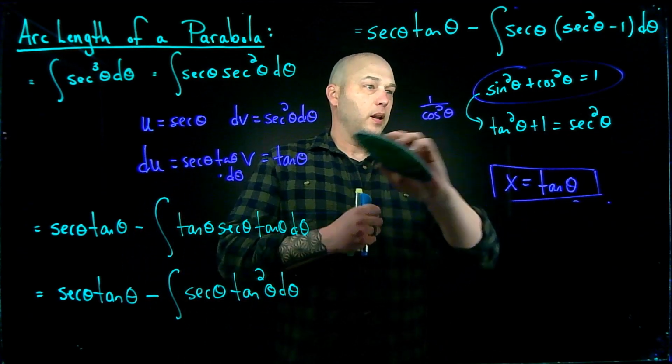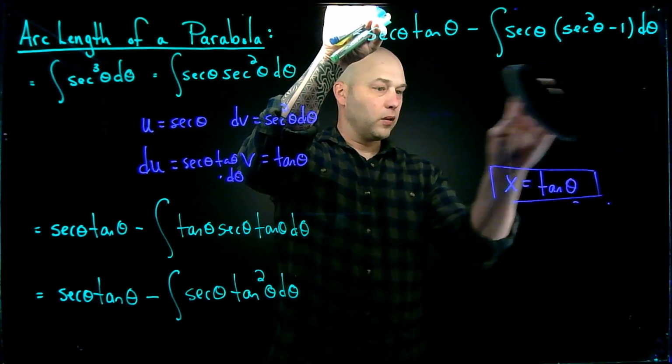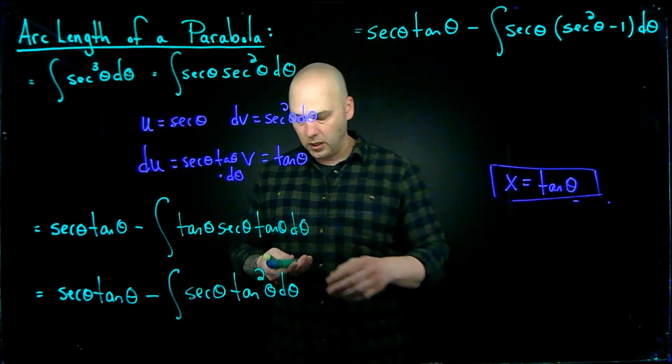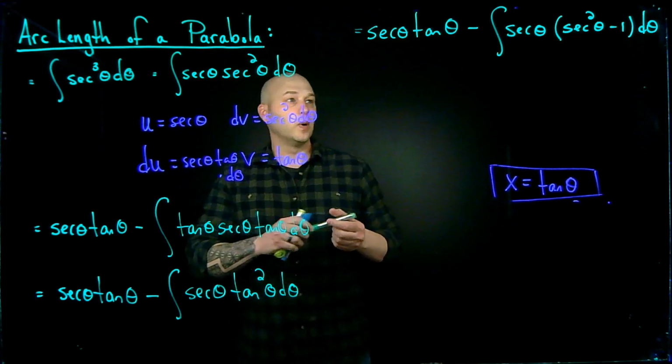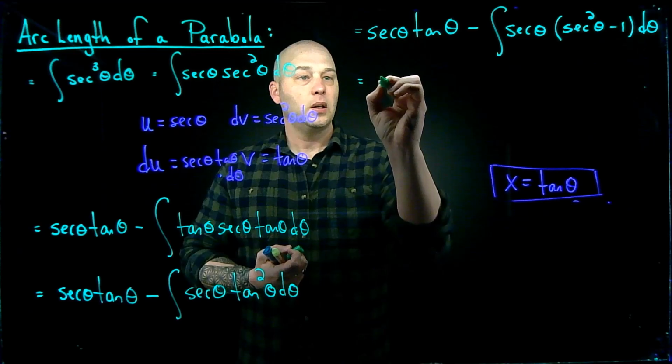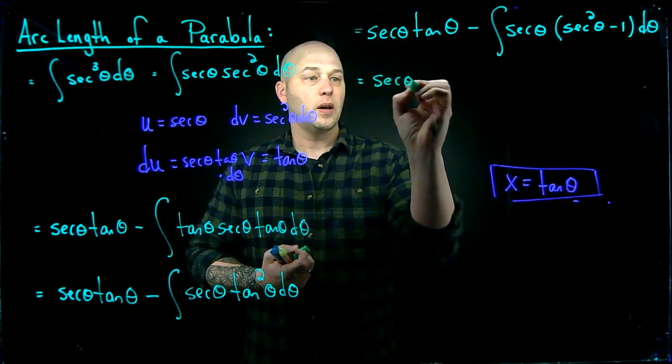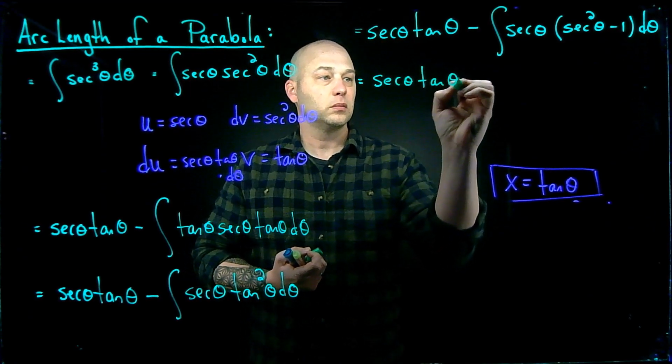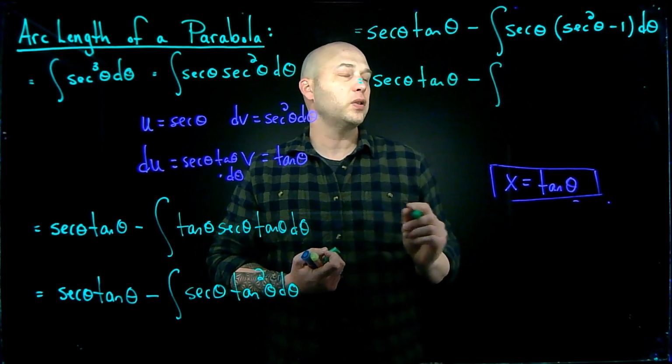All right, so let me go ahead and clean this up. Again, let me leave the original trig sub right here. And then what do we do? Well, let's distribute secant through that. So I get, again, the secant tangent out front minus the integral of. So I'm going to do two things.